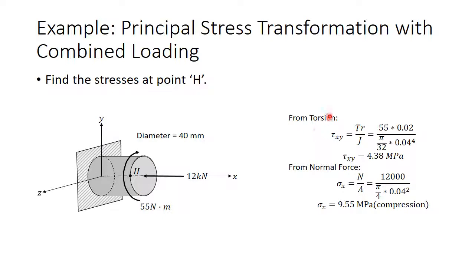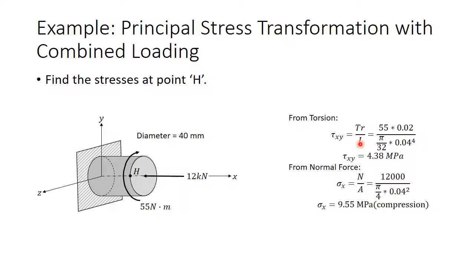From torsion, you'll find that your torque is your 55, and your r is the distance from the center of where the forces are acting to the point in question, which in this case is just the radius, which is half of the diameter.